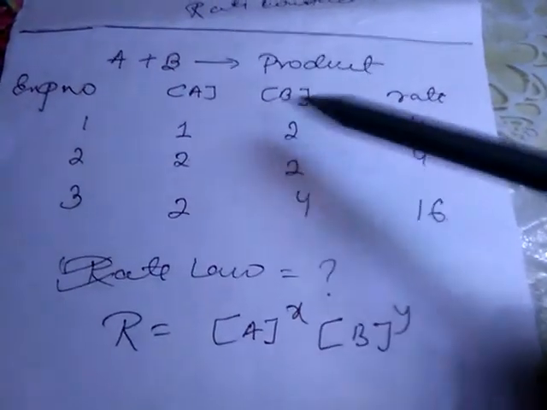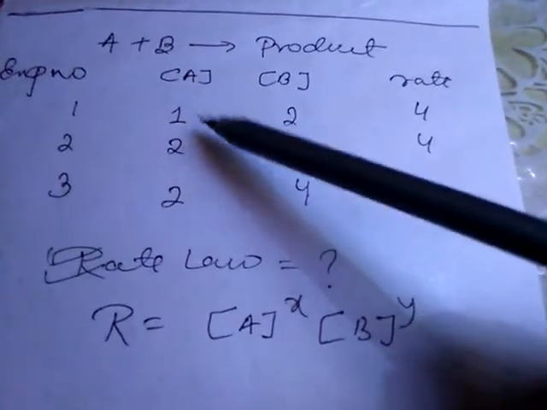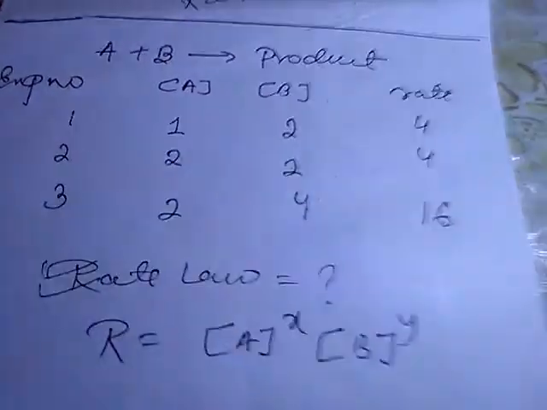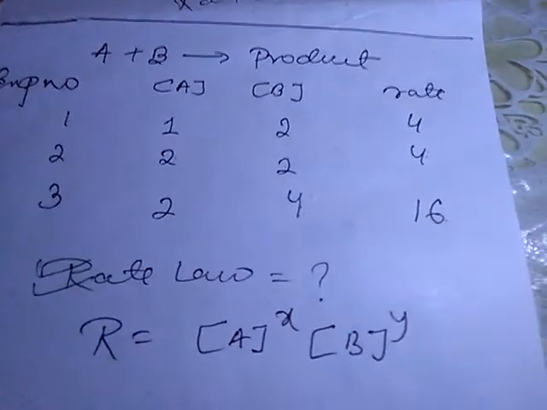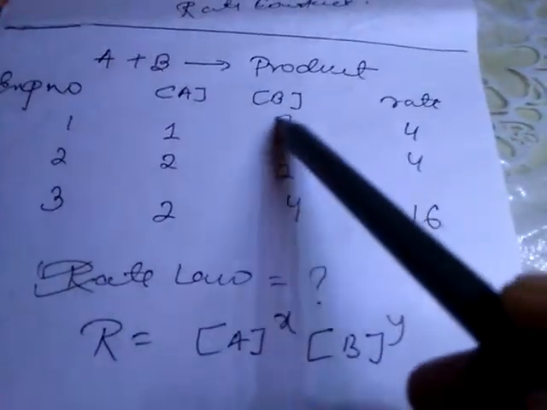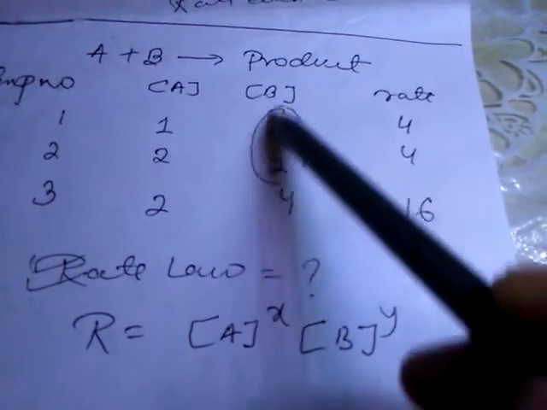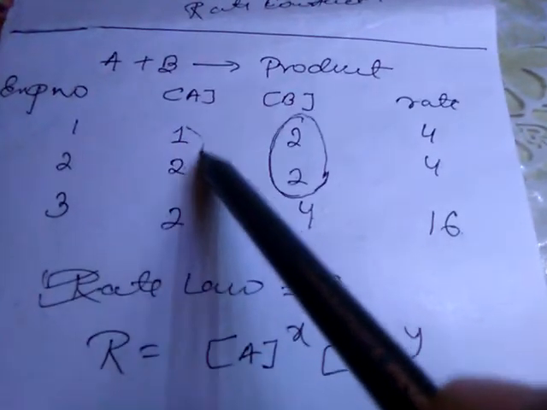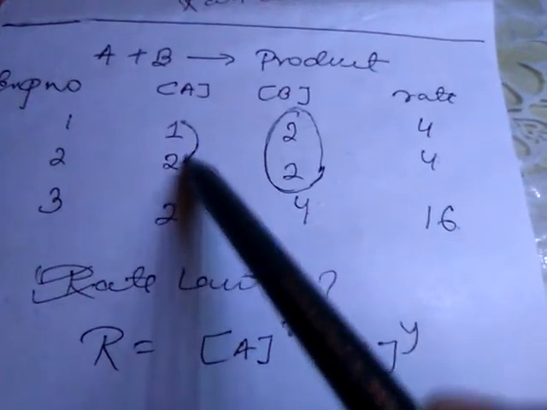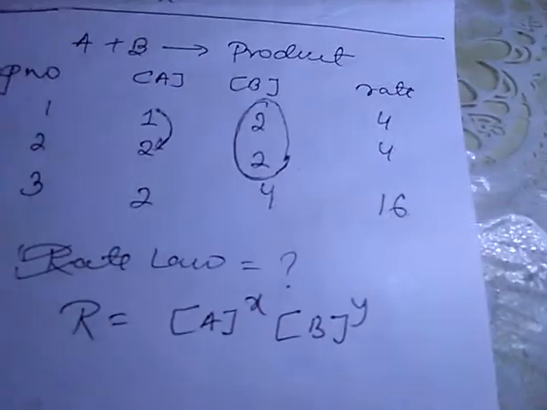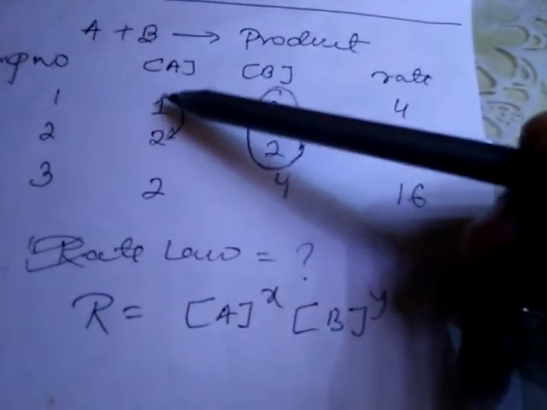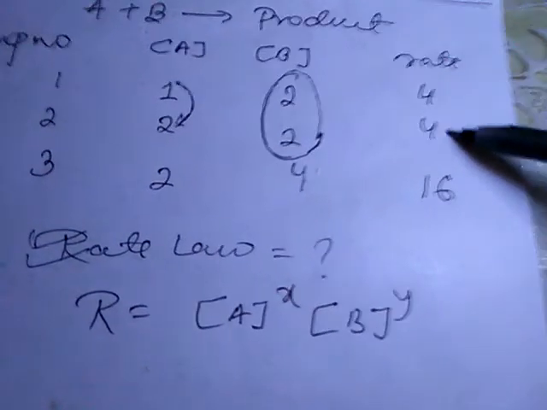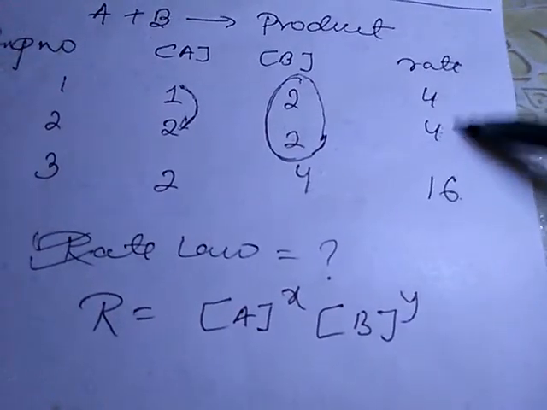So first of all, we will consider any one of the reactants, and while considering one of the reactants, we have to keep the other one constant. So here we see that the concentration of reactant B is constant, while the concentration of A is changing. It is becoming double. As the concentration of A doubles, let's see what happens to the rate of the reaction. It remains the same. It doesn't change.